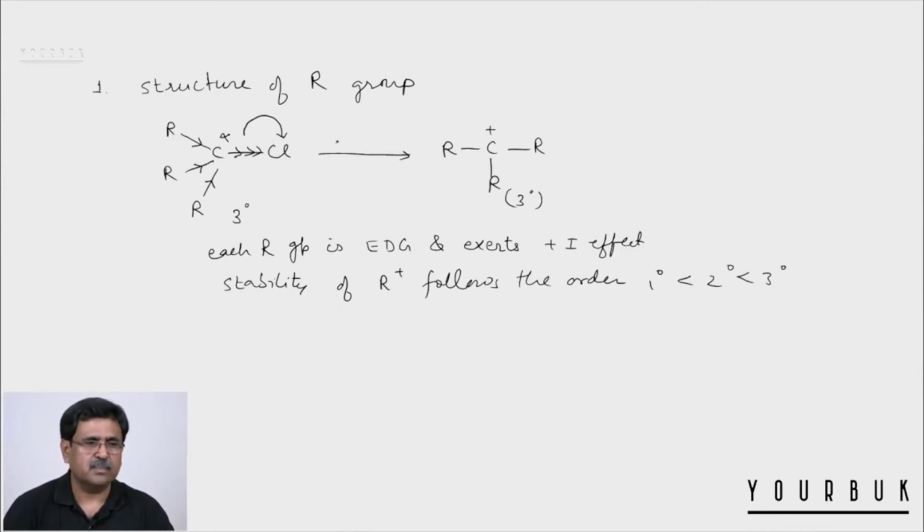So this first step is bond breaking. It is the loss of Cl minus and is the rate determining step. Since the reaction involves a carbocation, this carbocation then combines with the incoming nucleophile and gives the final product.